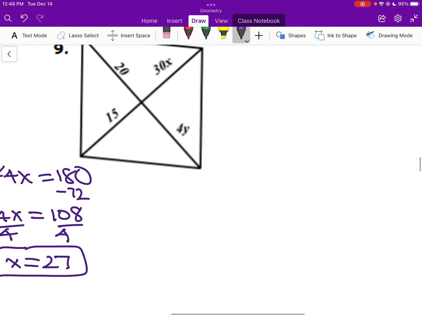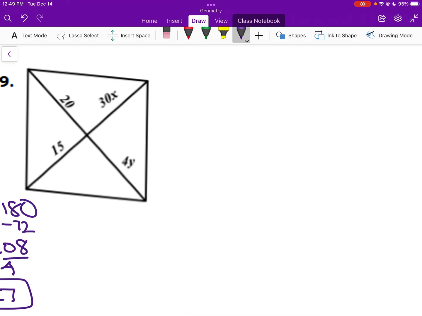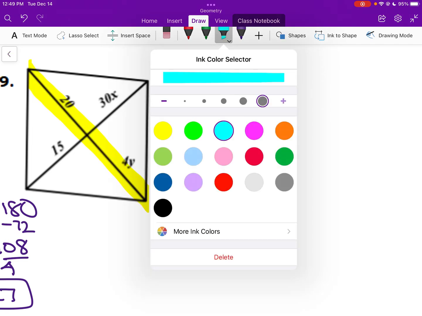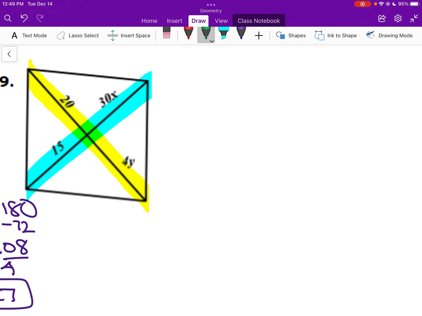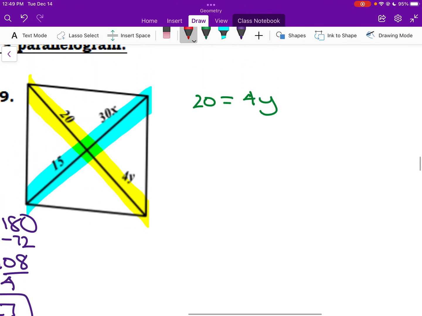I believe our last one, and this one involves diagonals. If this is in fact a parallelogram, I want my diagonals to be bisecting each other, meaning this line is cut perfectly in half by this line, which is also cut perfectly in half. So the yellow halves have to equal each other. So 20 has to equal 4y. And then the teal halves have to equal one another.